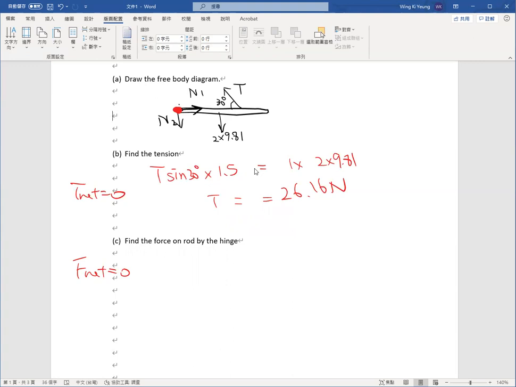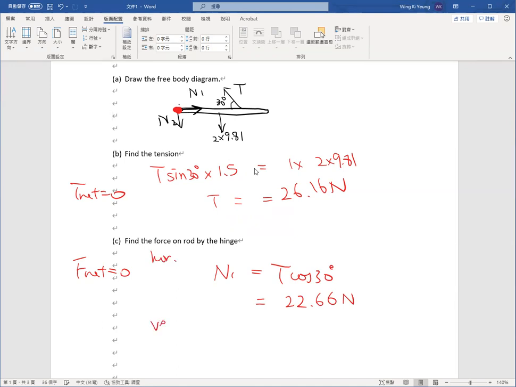So look at the horizontal force. That's N1 should be equal to T cosine 30 degrees. Right? So this one you consider the horizontal component.